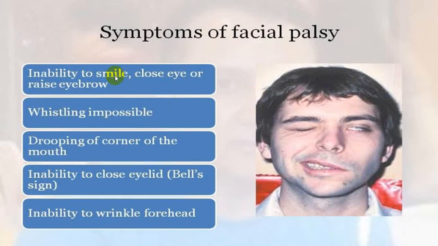So inability to smile, inability to close the eye or raise the eyebrow, whistling is impossible, drooping of the corner of the angle of the mouth, and while closing, the eyeball rolls up, that we call Bell's phenomenon or Bell's sign, and inability to wrinkle the forehead, that is typical of lower motor neuron palsy.